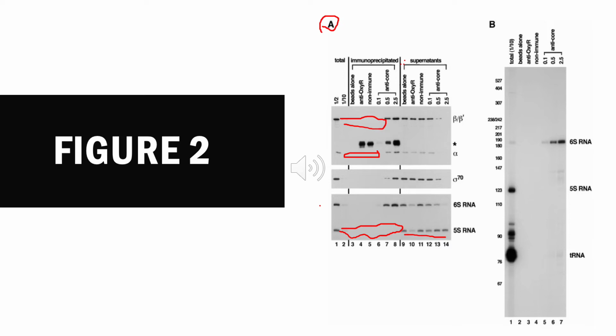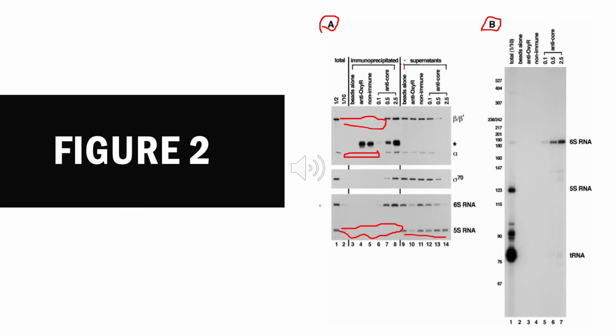Moving on to part B, the scientists wanted to figure out if 6S RNA binds to the core RNA polymerase or the holoenzyme RNA polymerase. Remember, I was telling you there are 2 different types, and we're trying to figure out which one it would bind to. So they did another set of co-immunoprecipitation, this time selecting for the sigma 70 subunit.